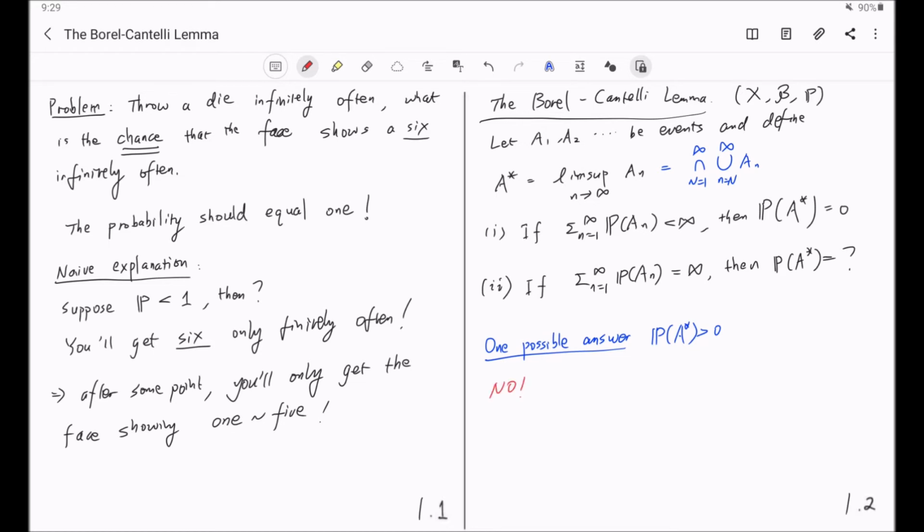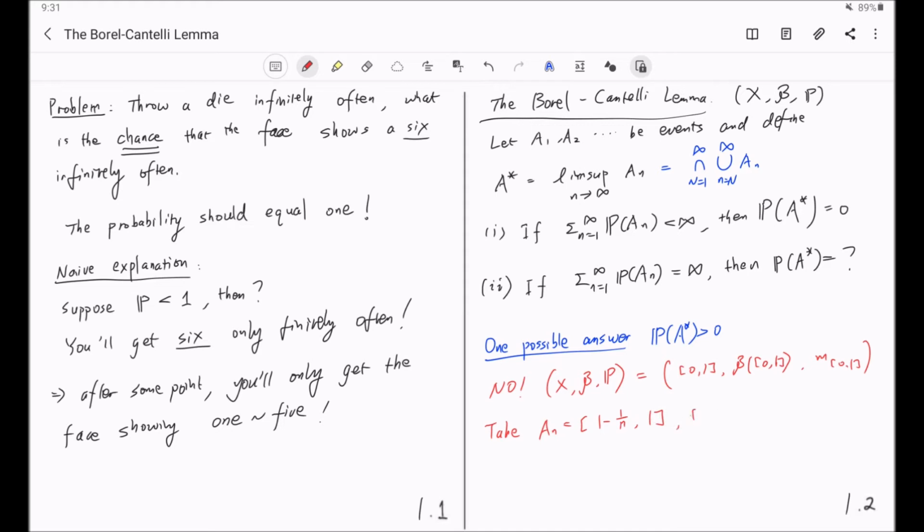Because for example, you can take this probability space to be the interval from 0 to 1, and the sigma algebra is the Borel sigma algebra on 0 to 1 with the Euclidean topology, and the probability is the Lebesgue measure on 0, 1. And you take A sub n to be the interval from 1 minus 1 over n to 1.